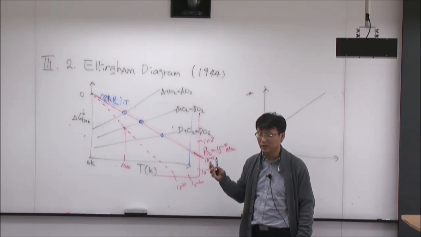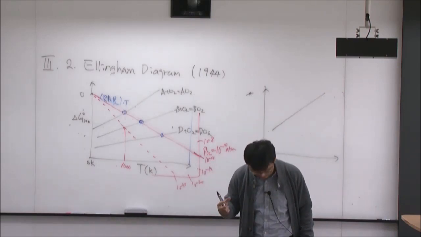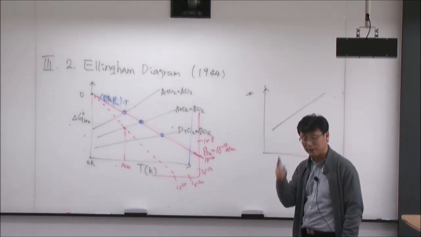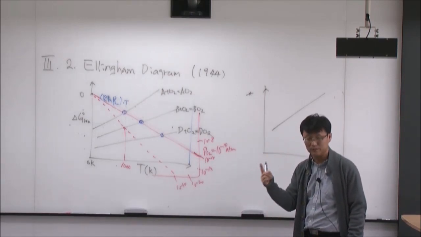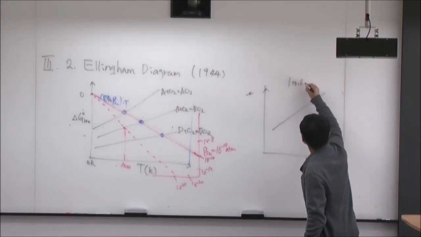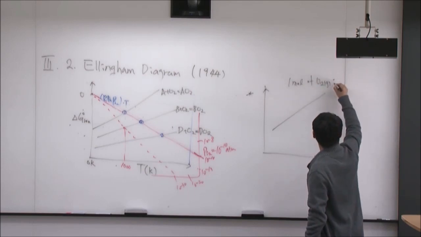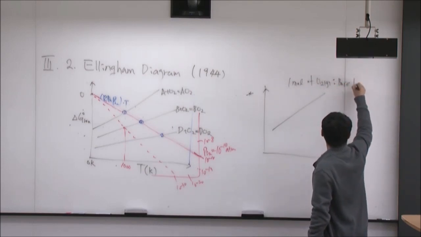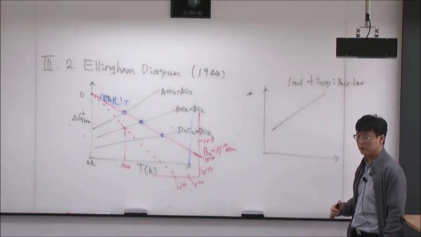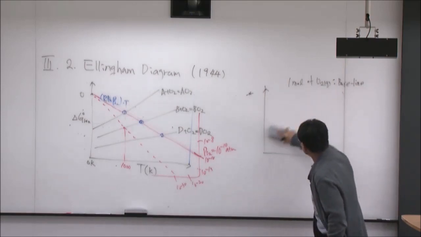Okay? So the idea of the Ellingham diagram is collecting all this thermodynamic Gibbs energy of reaction, but all of it is based on 1 mole of oxygen. So this is the baseline assumption: 1 mole of oxygen all the time.